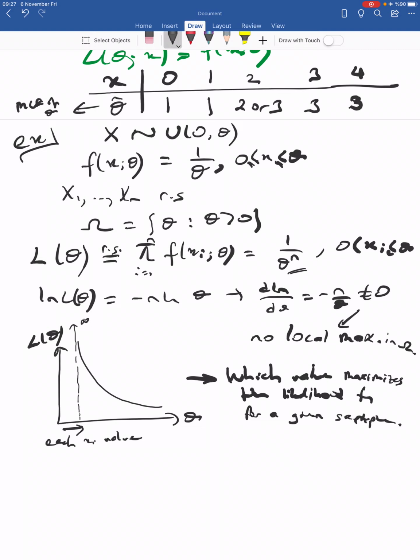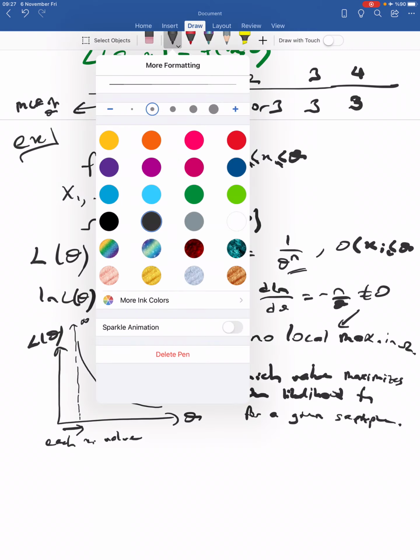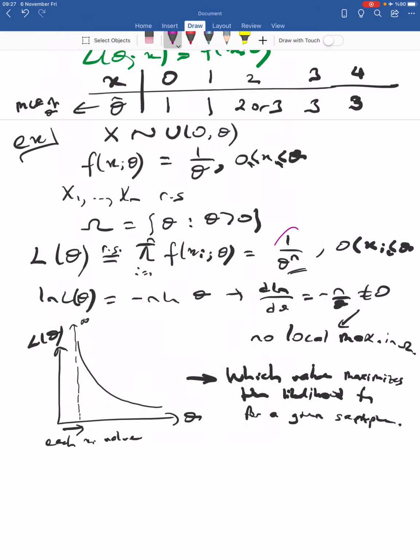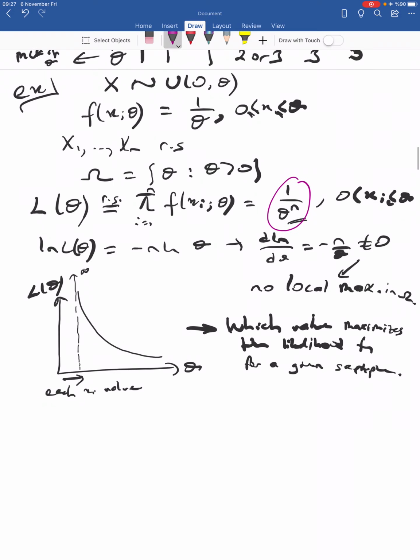Let's look at the form of the likelihood function. L of theta is 1 over theta to the n. So which values of theta maximize the likelihood function? Basically, the minimum value of theta maximizes the likelihood function, right?